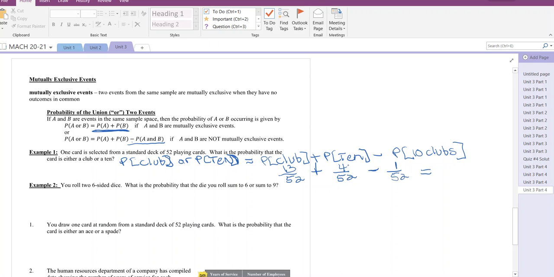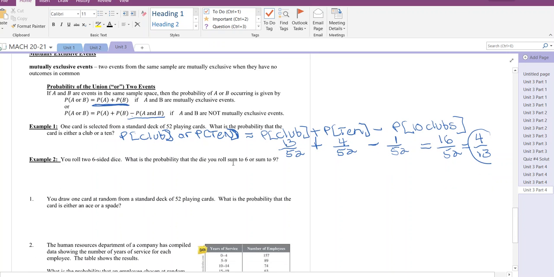So 13 plus 4 is 17, minus 1 is 16 over 52, which reduces to 4 out of 13. So that's an example where they're not mutually exclusive because the 10 and clubs share a card.